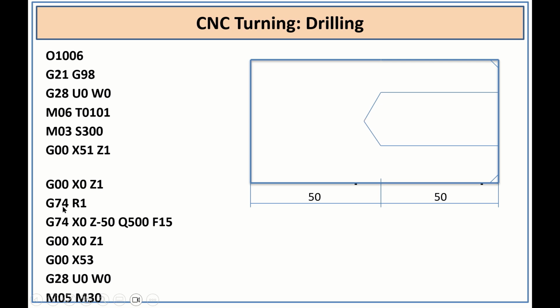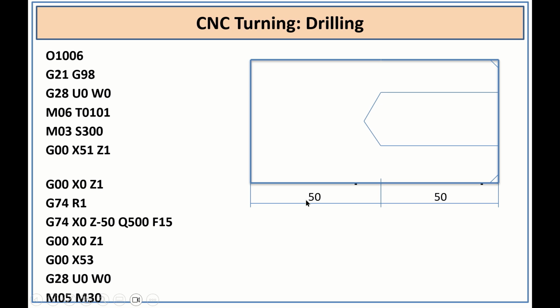G74 is the drilling cycle G code, and R1 is the retraction, the same retraction we mention in the grooving operation. Then G74 x0, that means where x is 0, there it needs to perform the drilling operation, till z becomes -50, and Q500 indicates the depth of cut of 500 microns, and F is the feed rate.